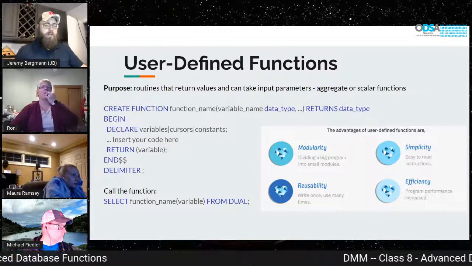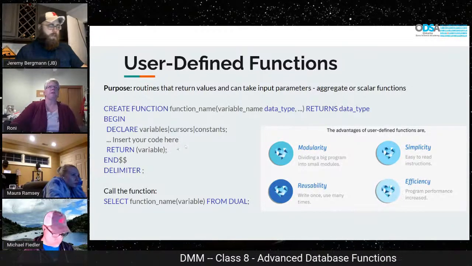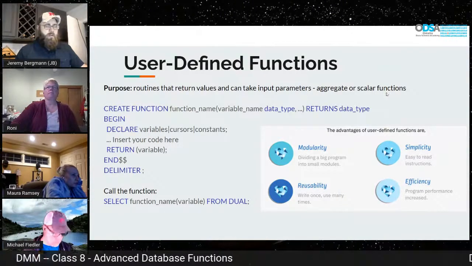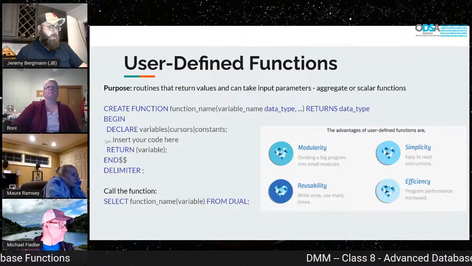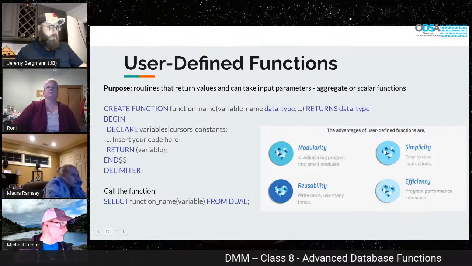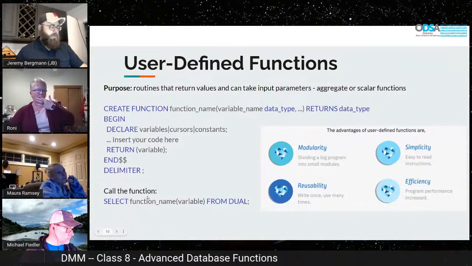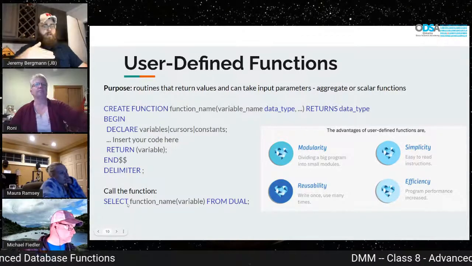In this case, we'll see where we apply it to a column in a database table to be able to do this as either an aggregate or scalar function. And then you have a number of steps in between that you can do. To call this function, you're almost always doing this from within a select statement because you're doing it on a series of values.